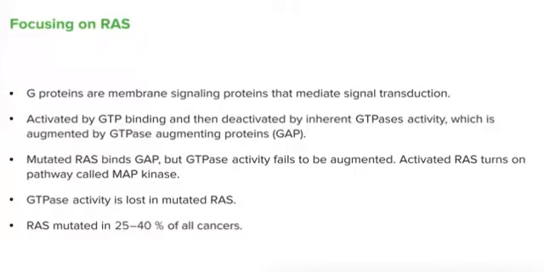Let's continue. In this illustration, there is one more point that I want you to focus upon, and that is going to be your P53. P53 is also a tumor suppressor gene.